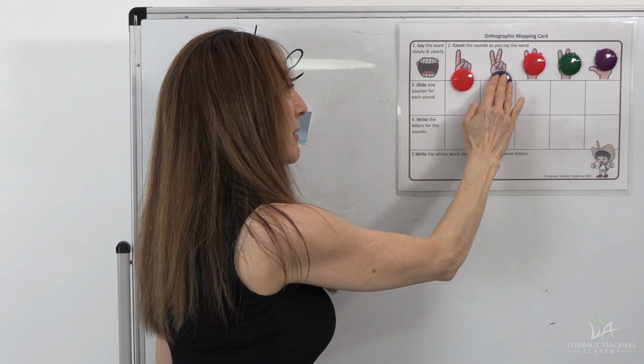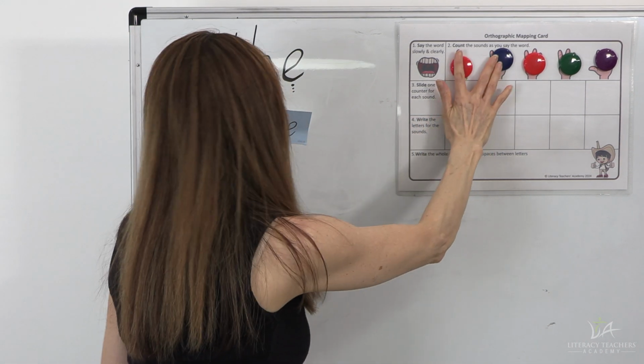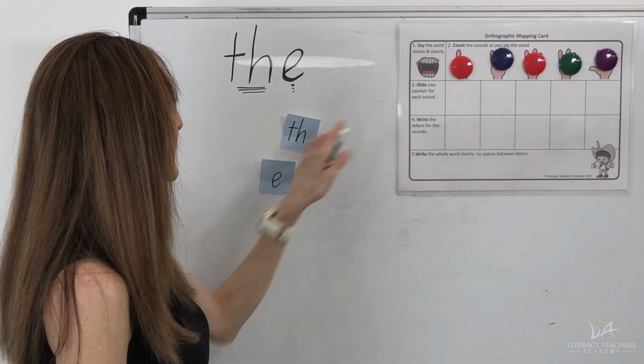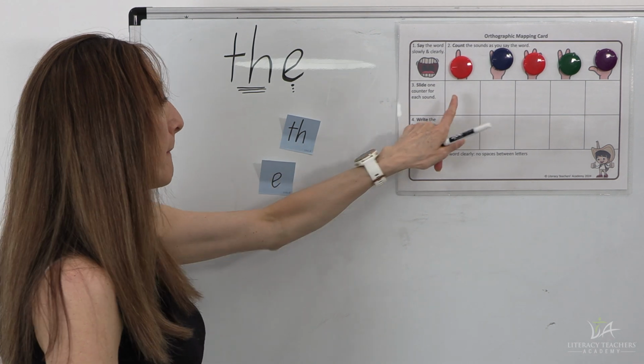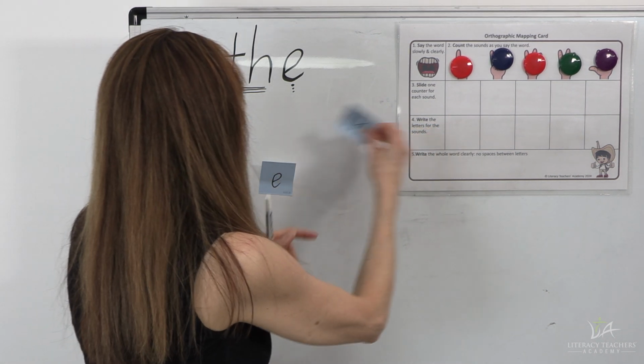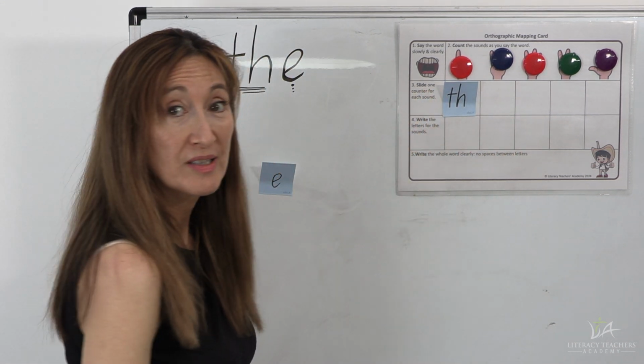Okay. And now we're going to mix them up a little bit, and we're going to say which one makes the sound. And the child can now move that one into the box.